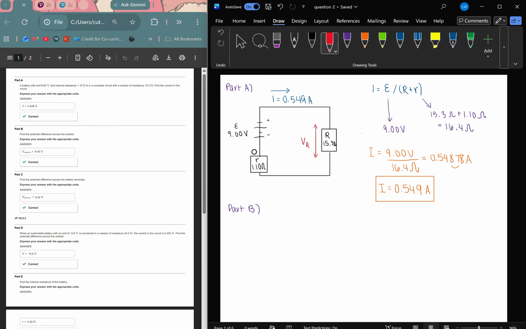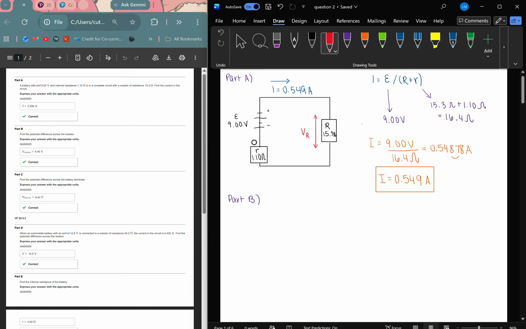Hold on, give me a minute. The V is potential difference, basically. The V means potential difference. So let me write that down. VR, so potential difference, and we need to find the resistor.